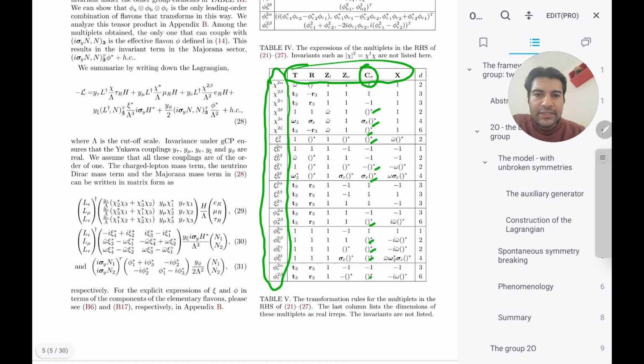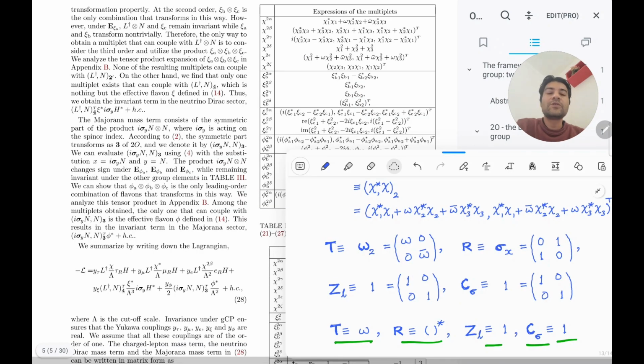But beyond that, you can see complex conjugation appearing here, here, like that, and in all these places. So this is the point I'm making. So throughout the paper, complex conjugation appears as a part of the flavor GCP group, not only for the GCP part, but also for the flavor transformations as well. This use of complex conjugation helps me to define various generators in a more convenient way. So that is why I do this.